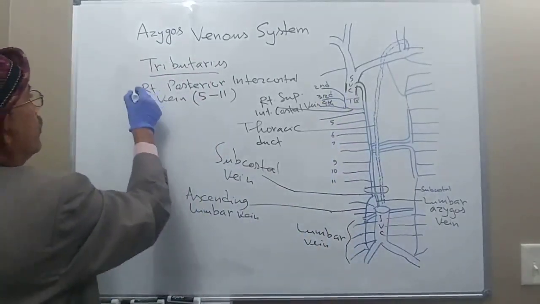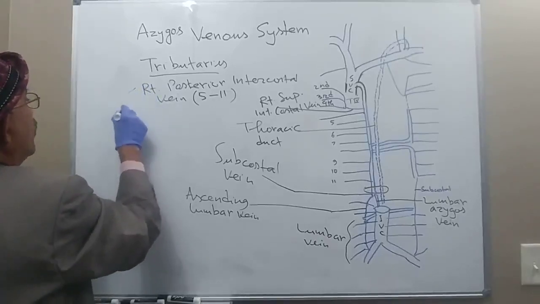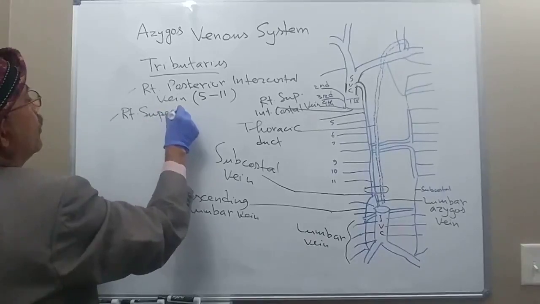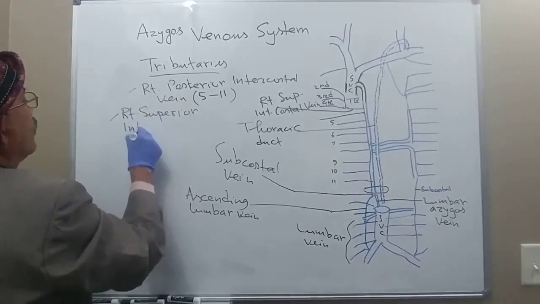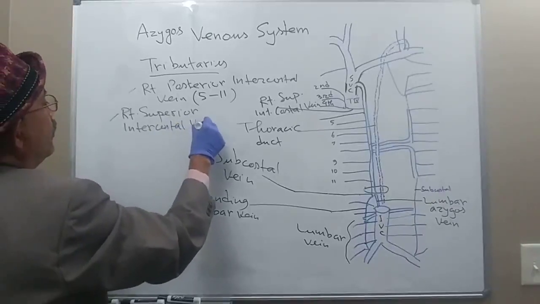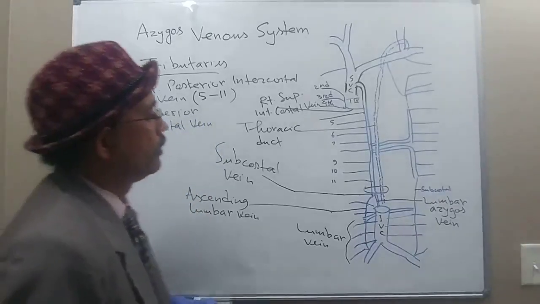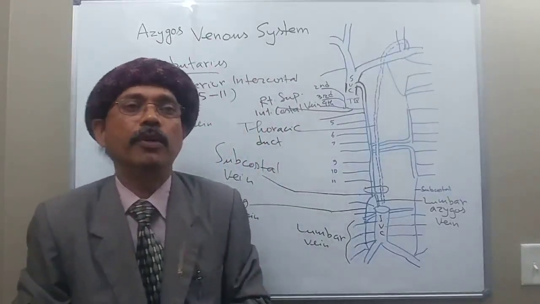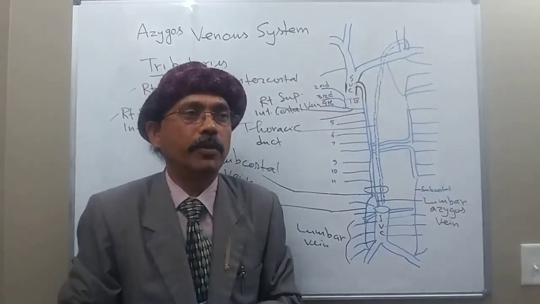So another tributary is the right superior intercostal vein. We got the tributaries: the right superior intercostal vein and the 5th to 8th posterior intercostal veins.